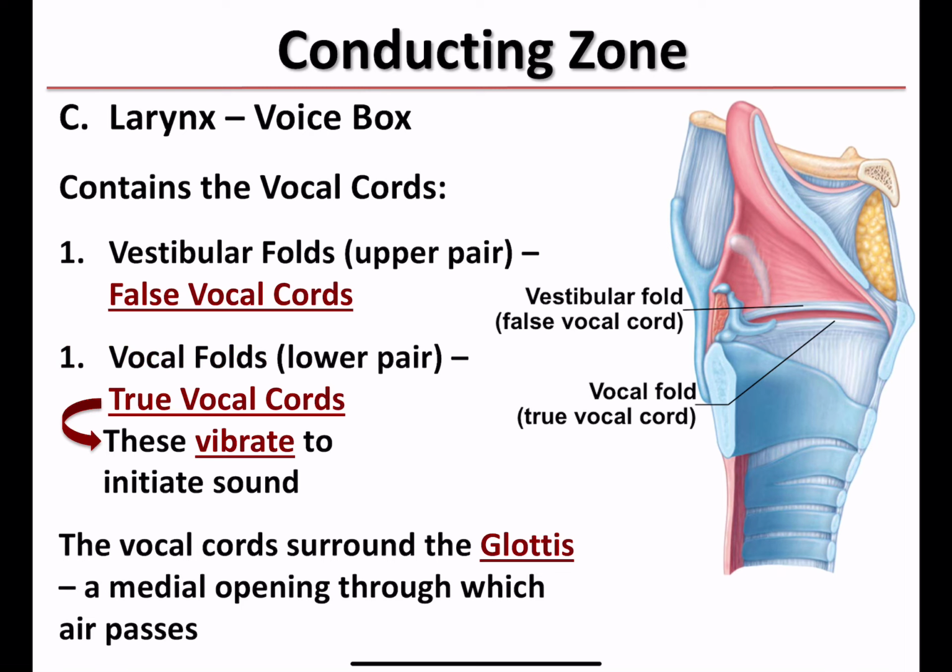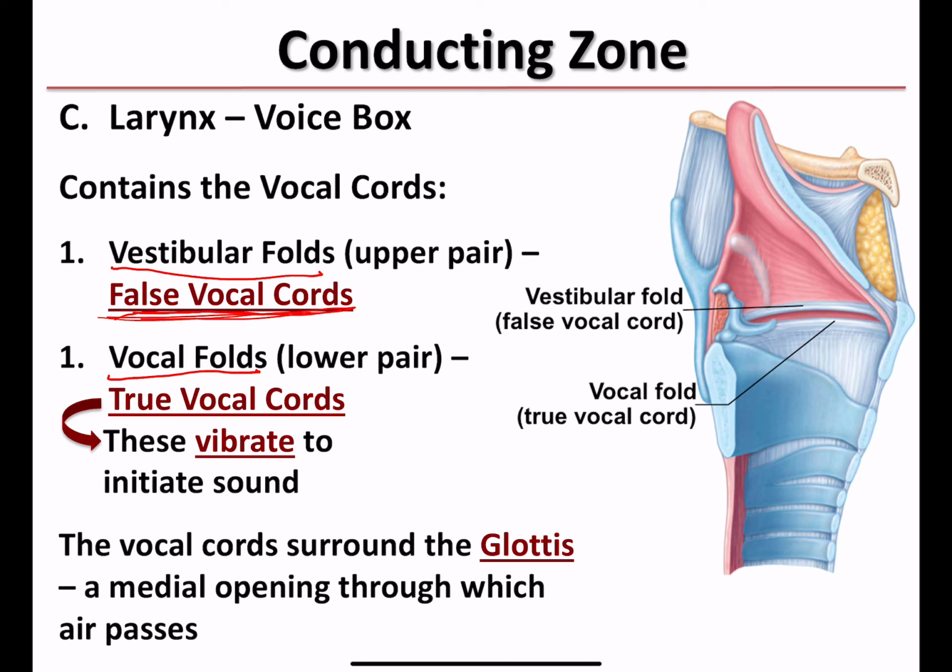So again, let's go over the vocal cords. We have a set of true vocal cords, which actually impart vibrations into the air. But sitting on top of our true vocal cords, we have these flaps of mucosa that basically protect them, called our false vocal cords. If you want to use the alternative language, you can also call our true vocal cords vocal folds, in which case you would refer to your false vocal cords as the vestibular folds.